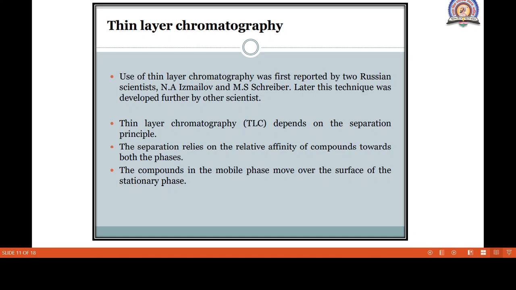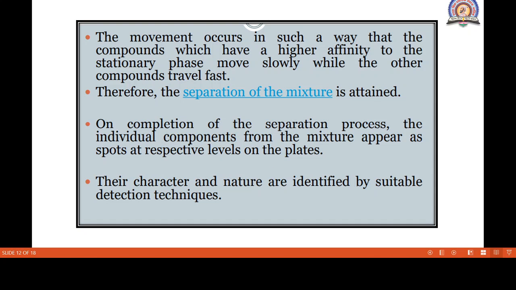Thin layer chromatography depends on the separation principle. The separation relies on the relative affinity of the components towards both phases, stationary and mobile. The movement occurs in such a way that the components which have a higher affinity to the stationary phase move slowly while the other components move very fast.